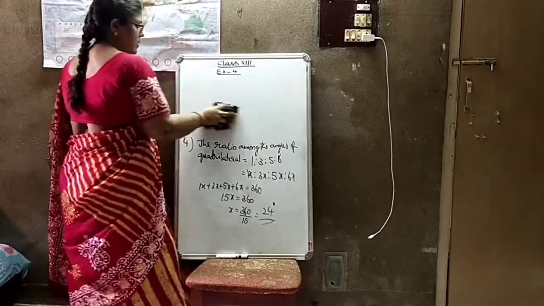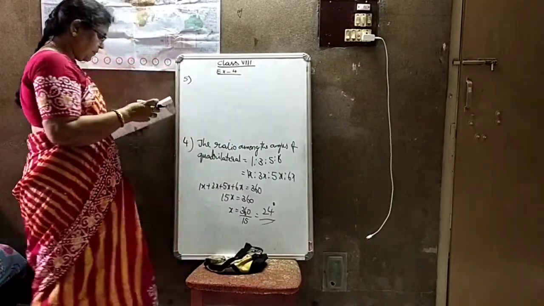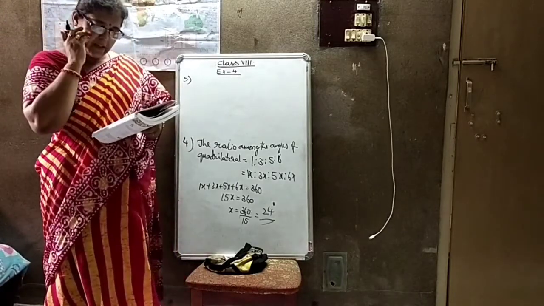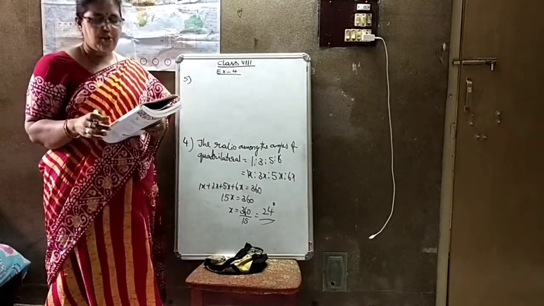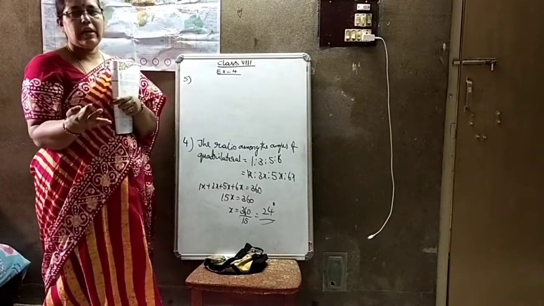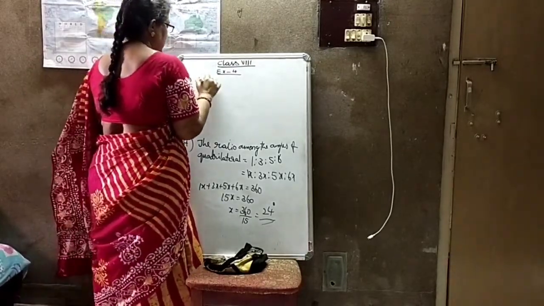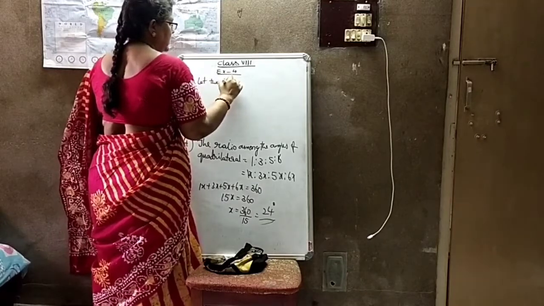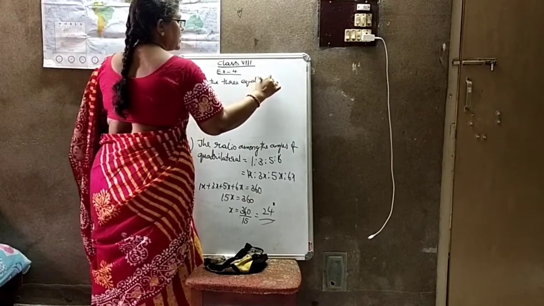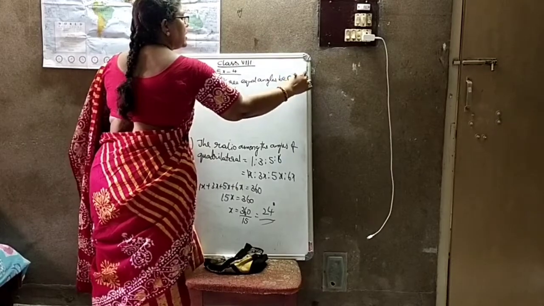The next one, see here. Three angles of a quadrilateral are equal and the fourth angle is a right angle. Find the measure of each. Let the three equal angles be x each.